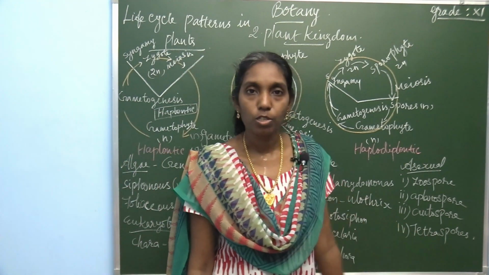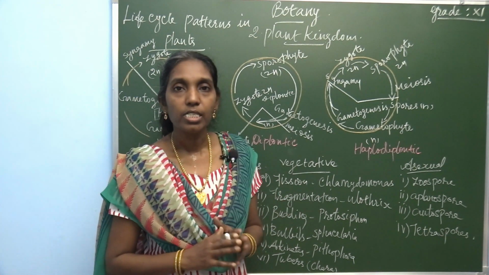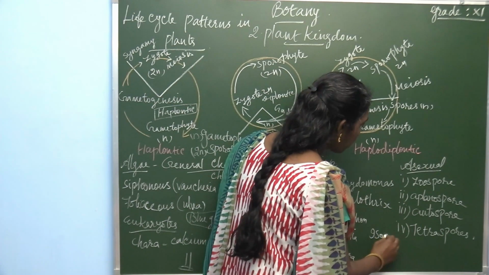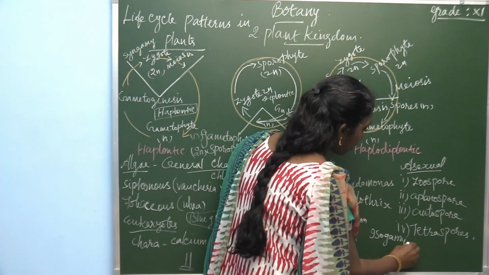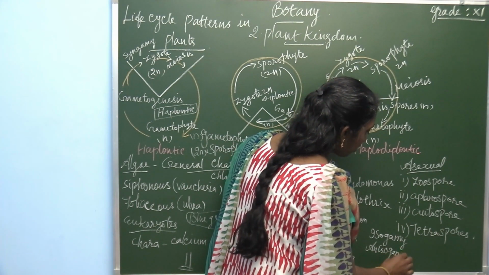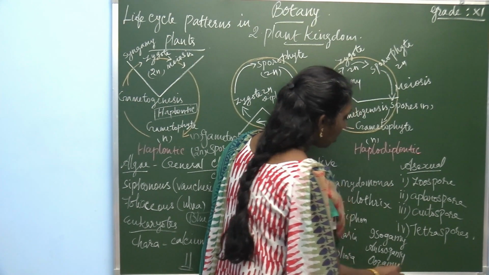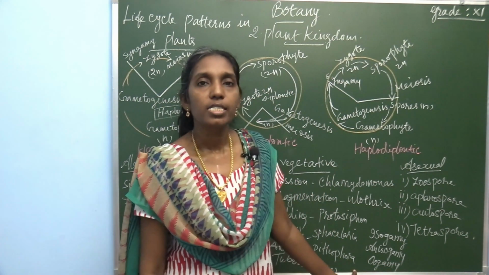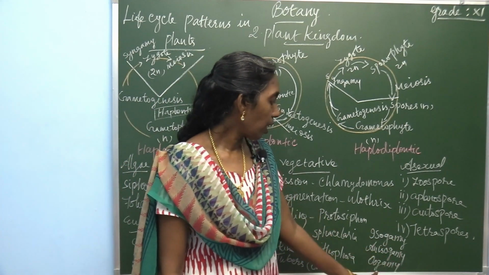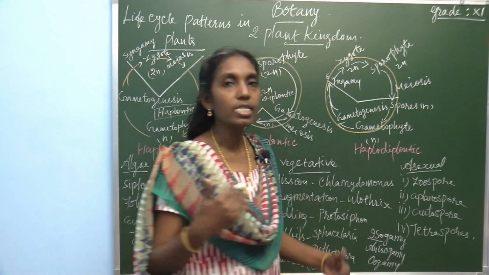Now, sexual reproduction takes place by 3 methods: isogamy, anisogamy and oogamy. There are 3 different methods of sexual reproduction found in alga: isogamy, anisogamy, oogamy. As the name indicates, isogamy, iso is the same.